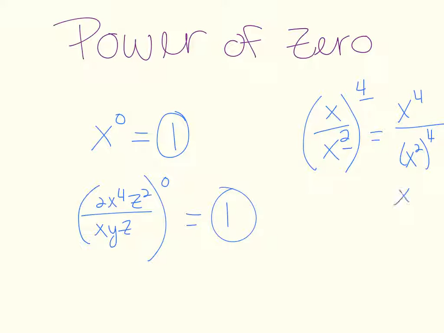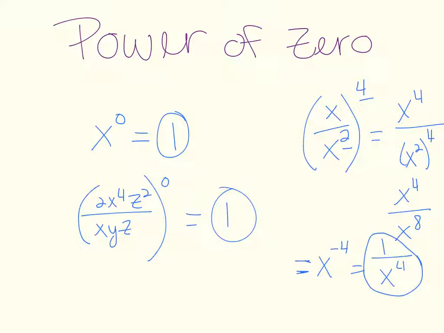So we get x to the 4th over x to the 8th. Simplifying that, when you subtract your exponents, 4 minus 8 gives you x to the negative 4. But we don't want to leave our answer with the negative, so we make it 1 over x to the 4th.